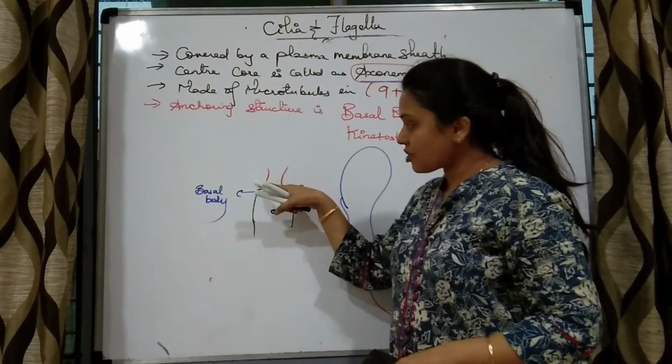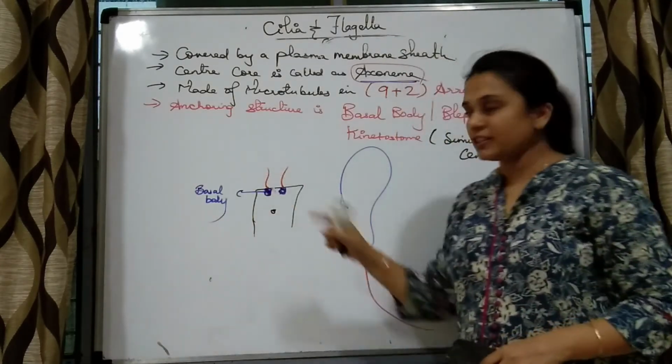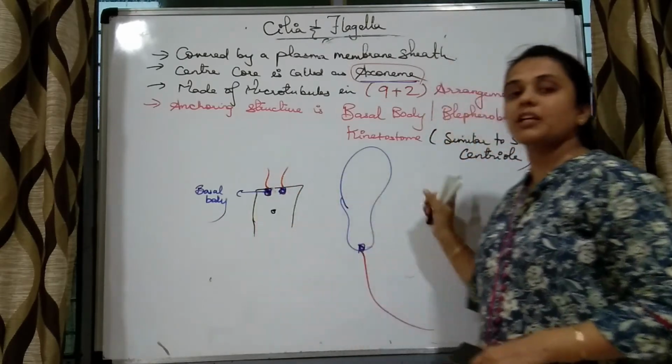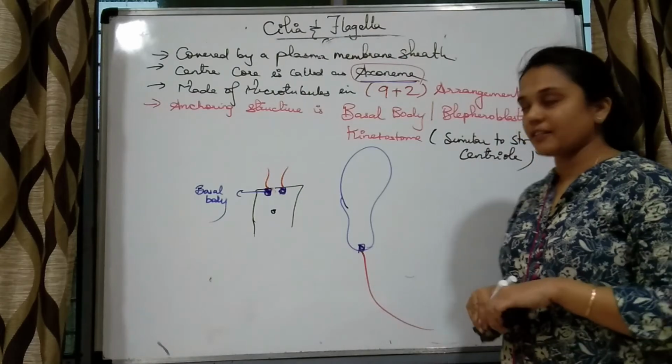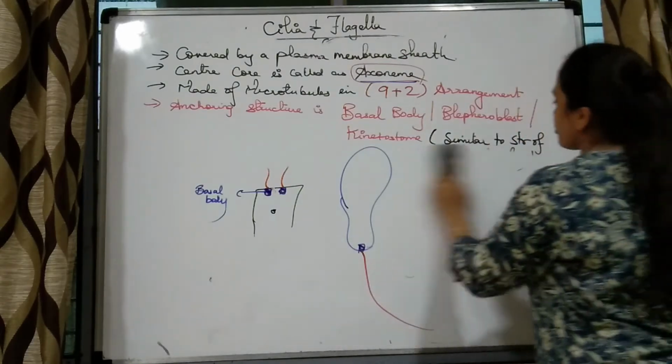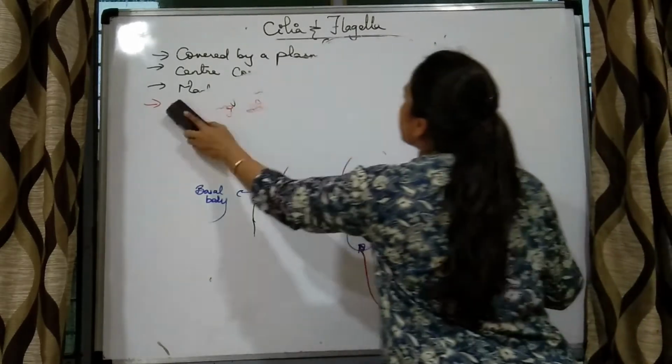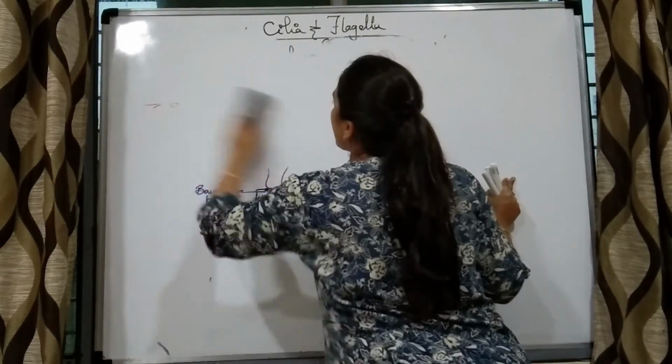We are going to study the structure of this hair-like outgrowth, cilia and flagella. The basal body we will study in the next lecture. The internal structure has a 9 plus 2 arrangement.